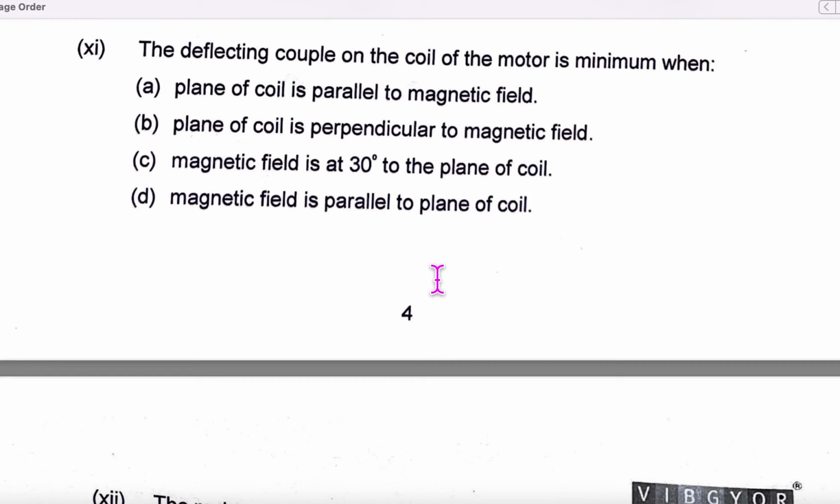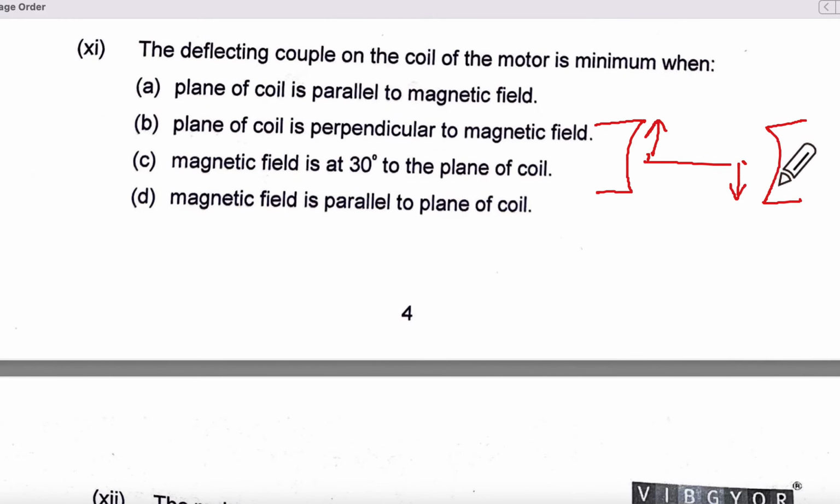What is next one? The deflecting couple on the coil of the motor is minimum when the plane of the coil. Now, before you read this, let us understand. Deflecting couple, which means if this is the plane of the coil, the deflecting couple, that is the force over here, will be maximum when the plane of the coil is parallel to the magnetic field.